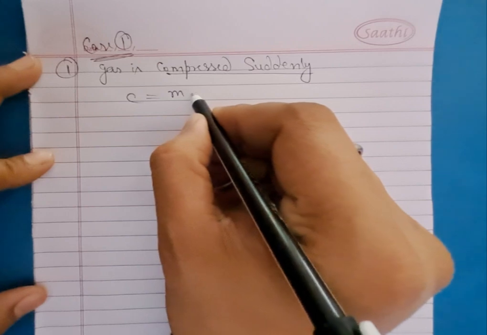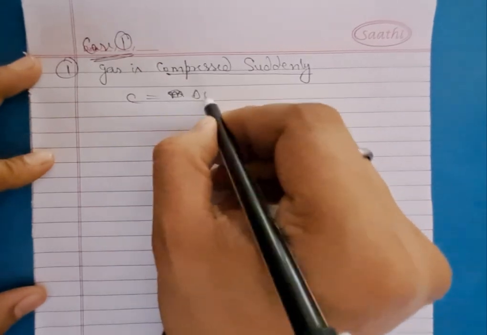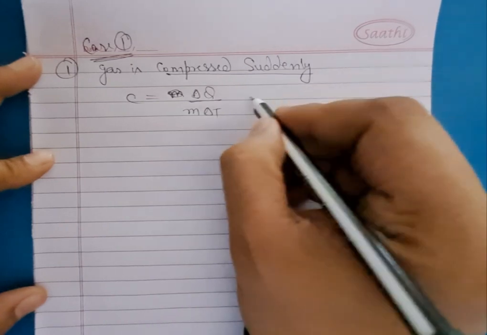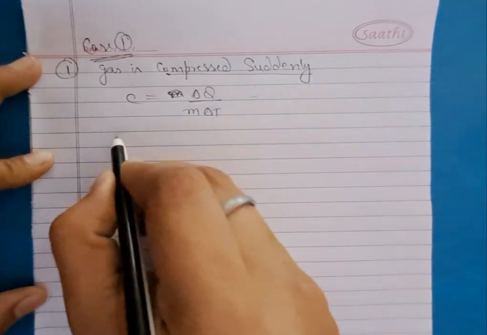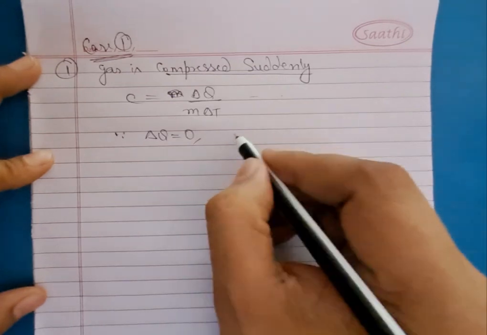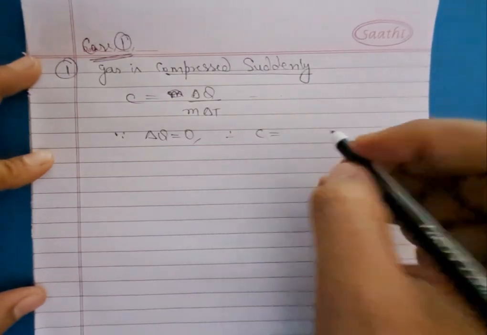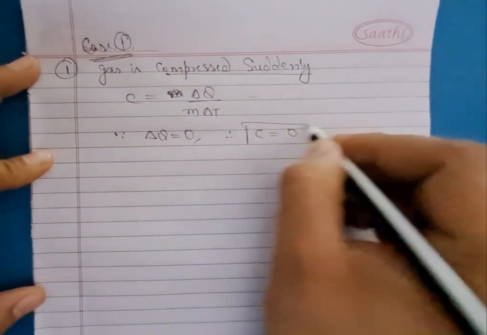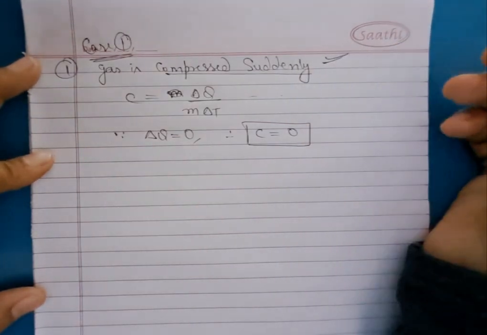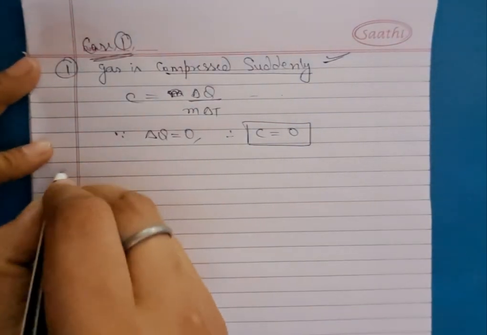C equals delta Q by m delta T. Since delta Q is not changing, C equals 0. And under what condition? When the gas is compressed suddenly.